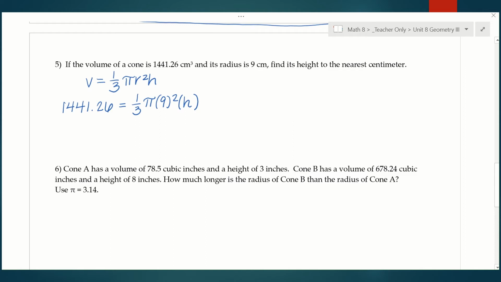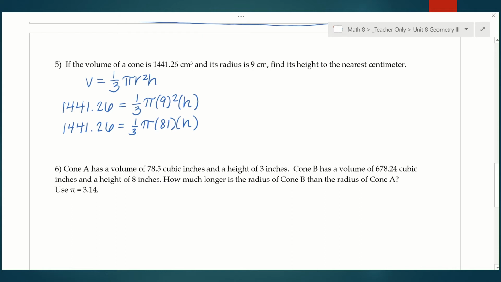All right, so in order to figure this out, let's clean this up a little bit. The first thing that we can do is 9 squared. Okay, so I'm going to rewrite my problem here, but I am going to change 9 squared to 81. The next thing I would do is multiply the 1/3 with the 81, because we can do that.